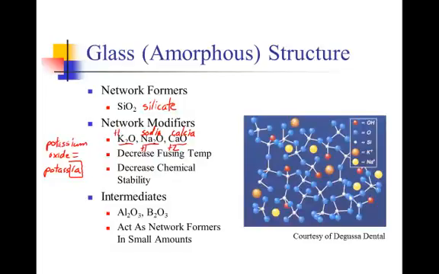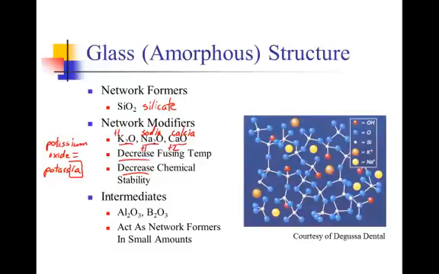For every one of those that you add instead of a silicon cation, we have less bonding in the network, and that weaker bonding and looser structure decreases the refractoriness of the material, makes it easier to melt, easier to process, but it also decreases the chemical stability somewhat. But these materials still tend to be very chemically stable unless we add more than 50% of network modifiers to the material.